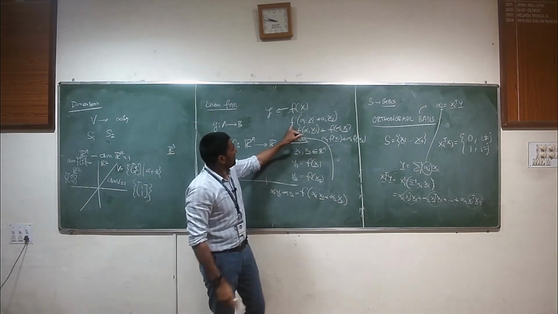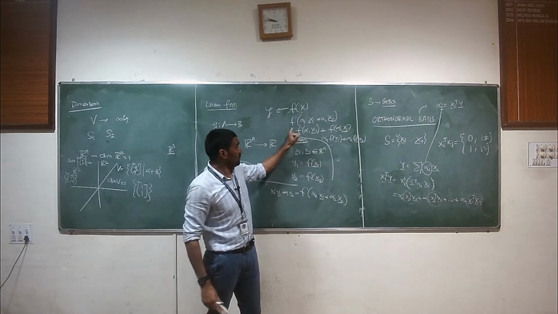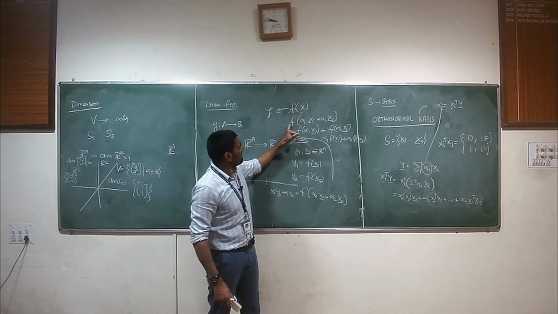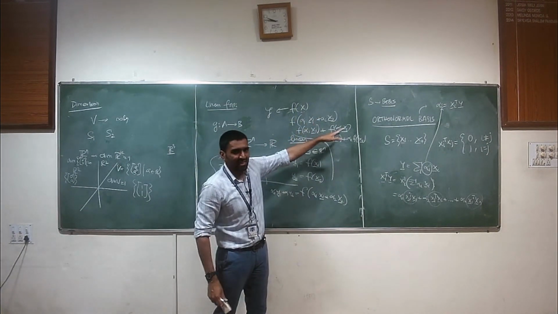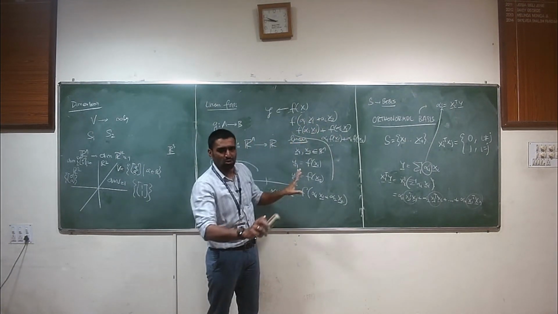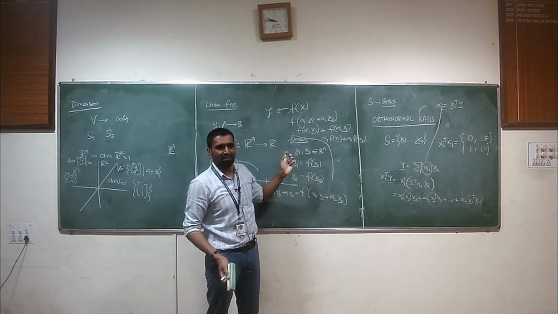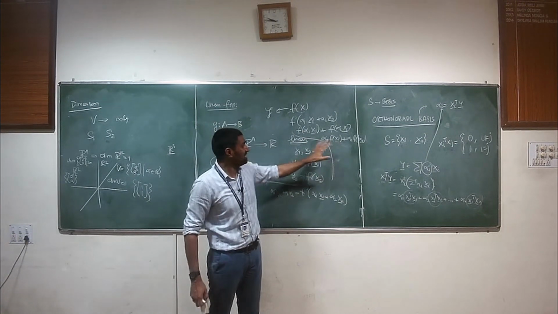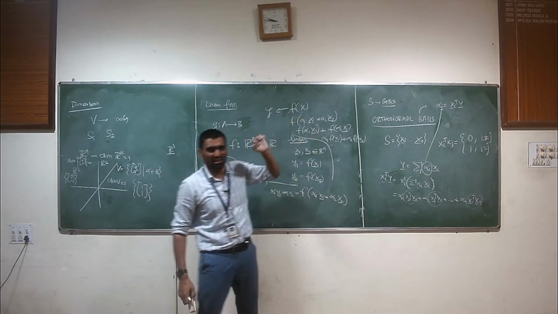If you had a non-linear function, you cannot do that. If it's linear, you have this nice freedom of taking this f inside, or being able to work on each of these elements individually. That is the advantage we get. So that is a nice thing about a function being linear, because it simplifies some of this stuff.